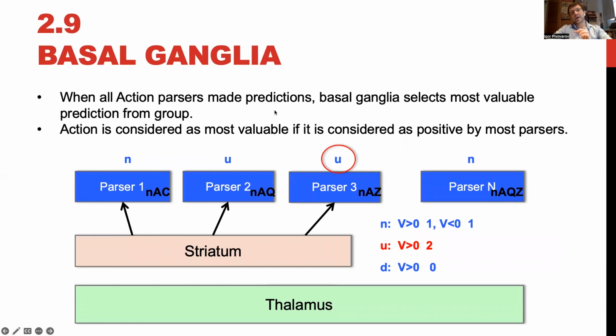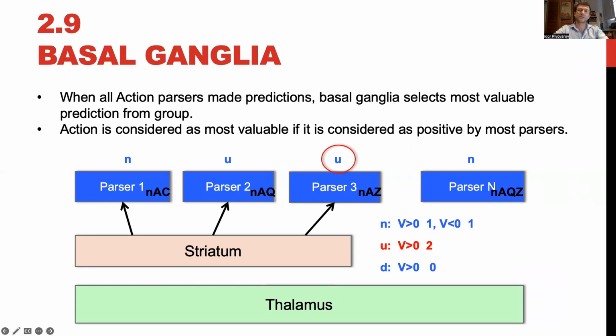Basal ganglia is a model which, after all these parsers have made their predictions, tries to find the most valuable prediction from the group. There are many ways to define the most valuable, but in MARTI4, it is considered as the prediction at the moment that most parsers are positive for.